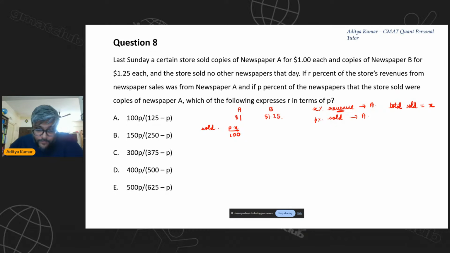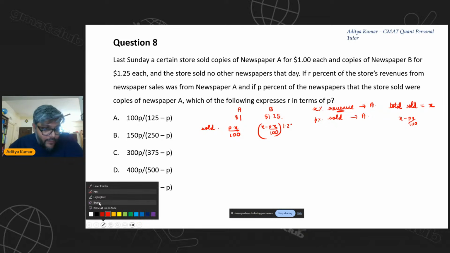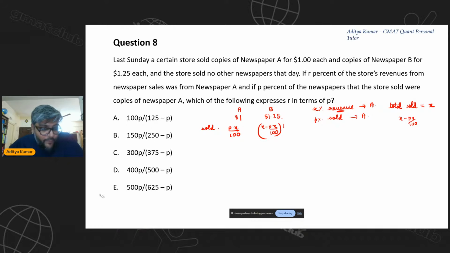Yes? And if Px by 100 is the number of newspapers sold for A, how many newspapers were sold for B? That would be X minus Px by 100, right? So X minus Px by 100 times 1.25. This is 1.25. Right? This is the number of newspapers sold for B.